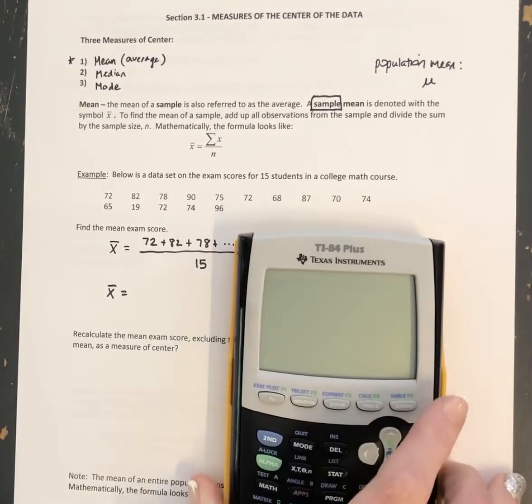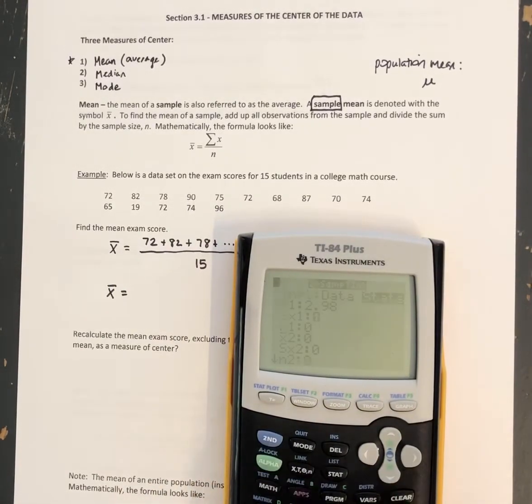So we need to take the sum of those data values. So we have 72 plus 82 plus 78 plus 90 plus 75 plus 72, plus 68, plus 87, plus 70, plus 74, plus 65, plus 19.